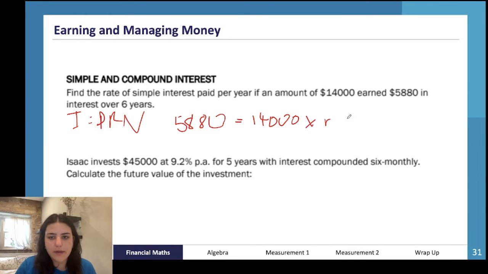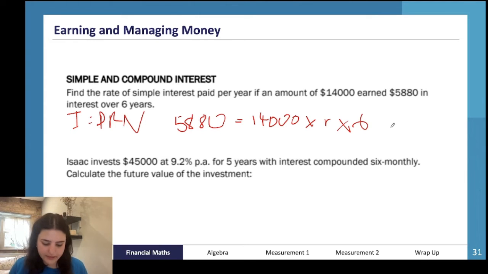Our rate is what we're looking for, and we know it was over 6 years. So what we can do is 14,000 times 6, which is 84,000. We subtract that from 5,880, which gives us a very large negative number.